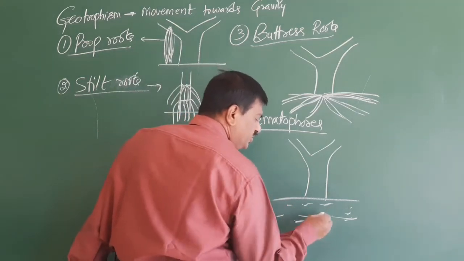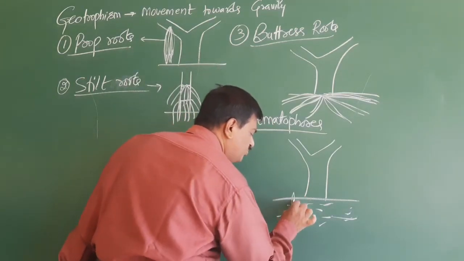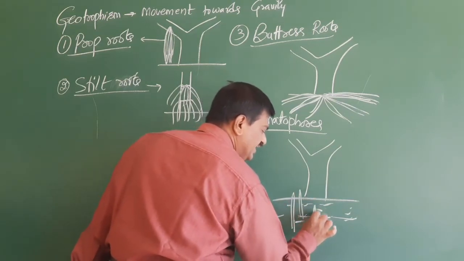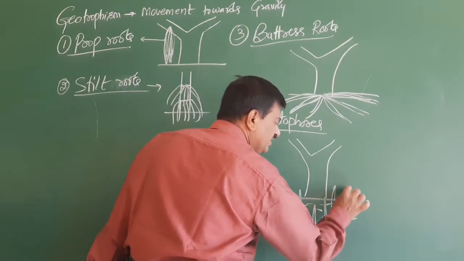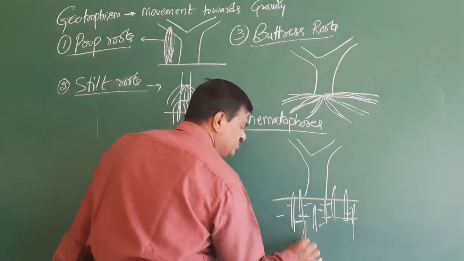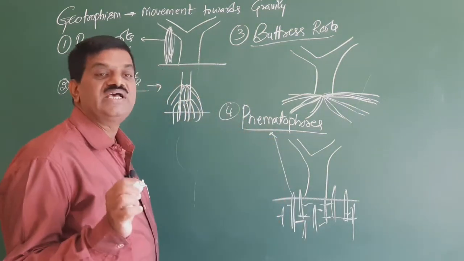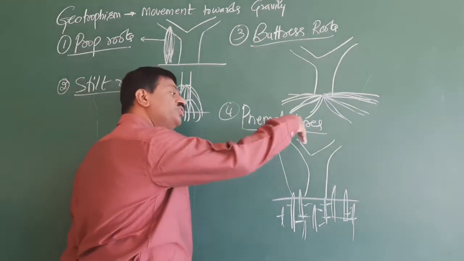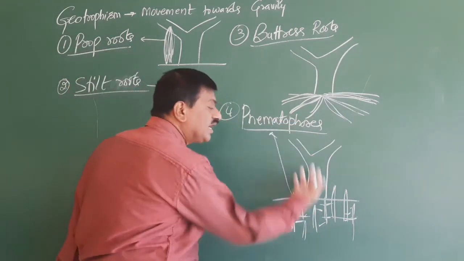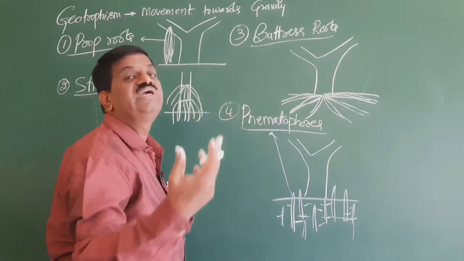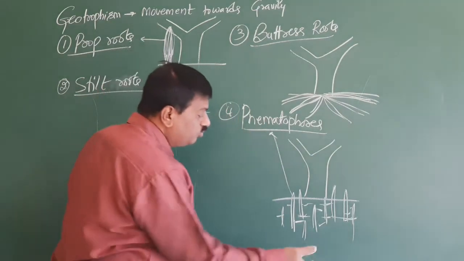So here the roots produce small stick-like structures and stand erect. Like this, the roots stand as stick-like structures, and thus these roots are called pneumatophores. They grow into the soil and come out against the gravitational force. They are moving upwards.